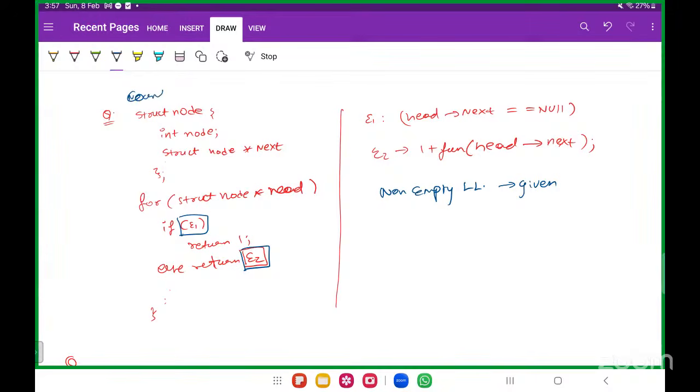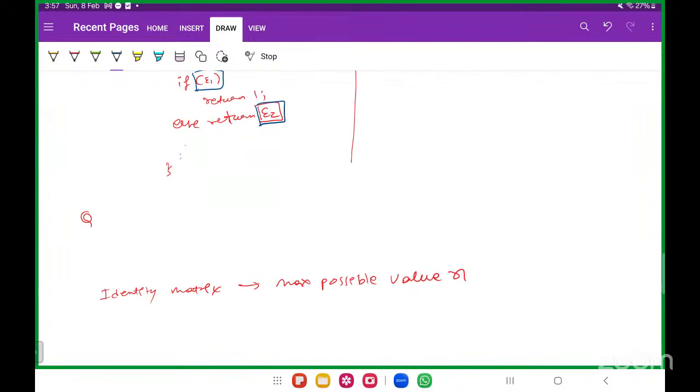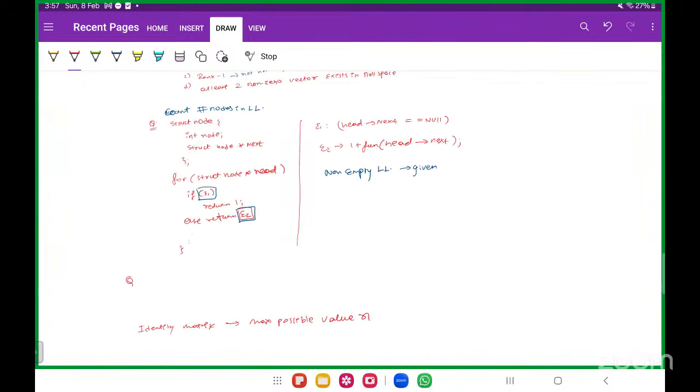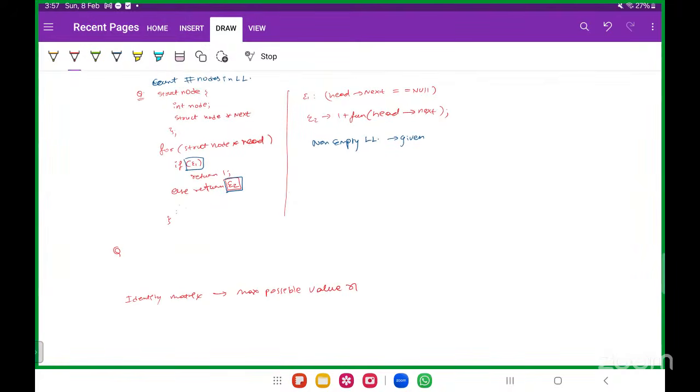So if head next is null, then return 1, else return E2. E2 will be 1 plus the count from the next element. So these are the two problems.